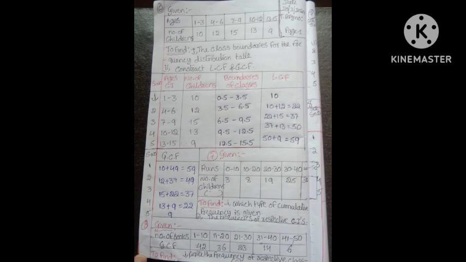The first class interval has lower boundary 1 and upper boundary 3. Lower boundary 1 reduced by 0.5 is 0.5.